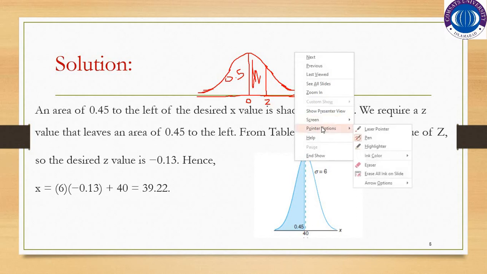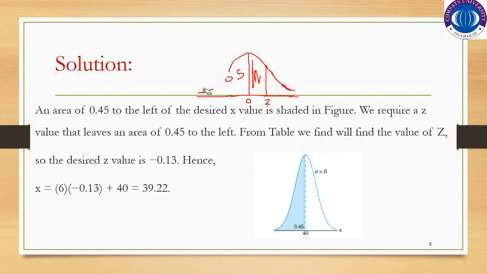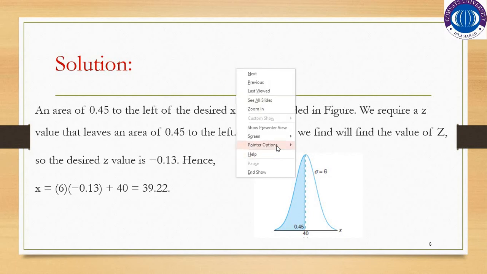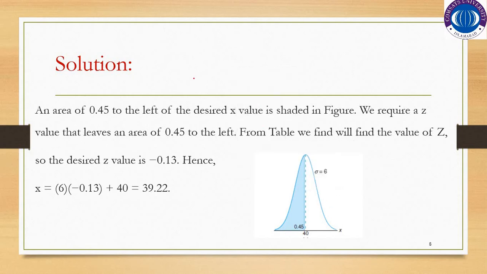So let me erase this and draw it again. This is the curve. And this one is the standard normal curve. Here mean is 0 as this total area is 0.5.